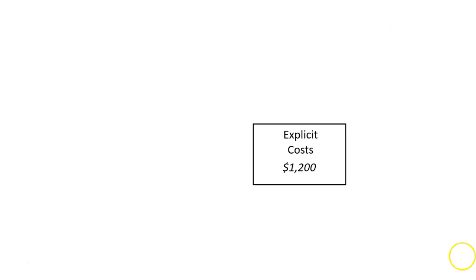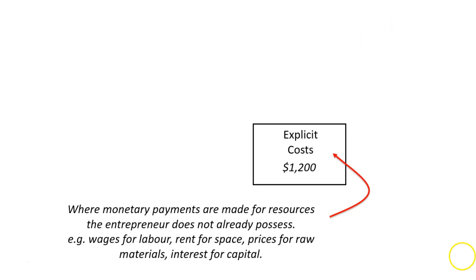Let's say that a business has explicit costs per week of $1,200. What do we mean by explicit costs? This is the monetary payments made for resources that the entrepreneur of a business doesn't already possess.